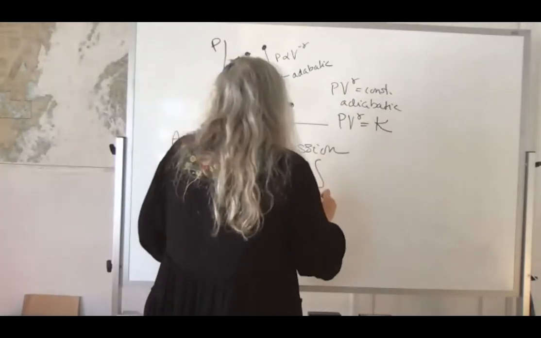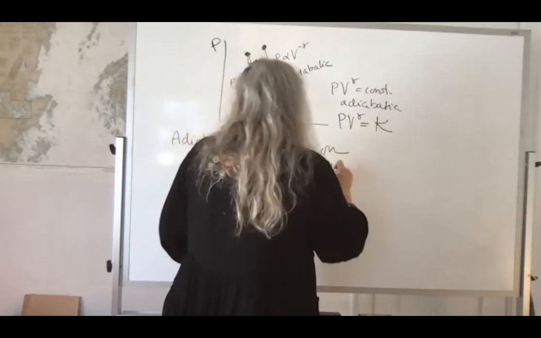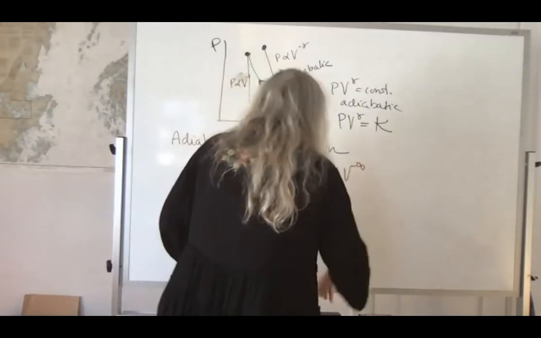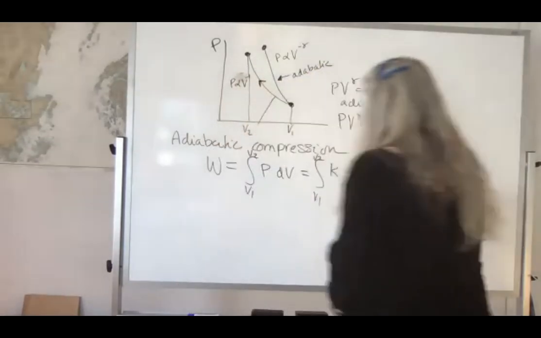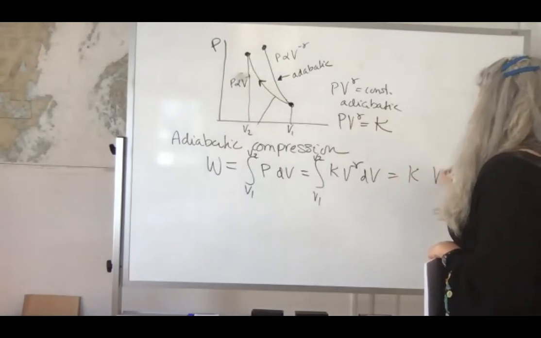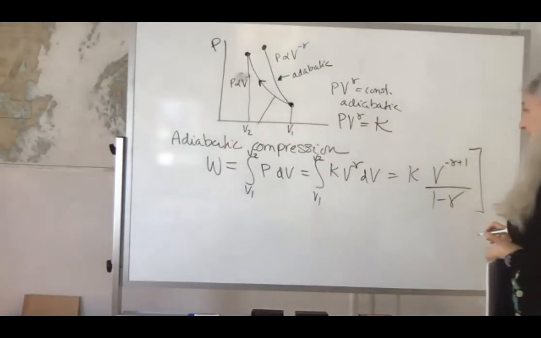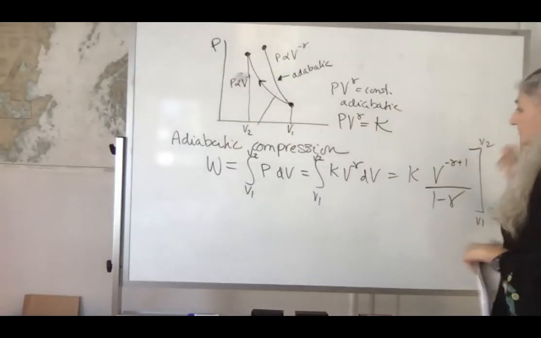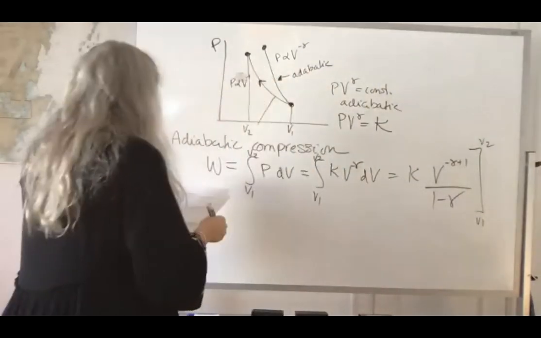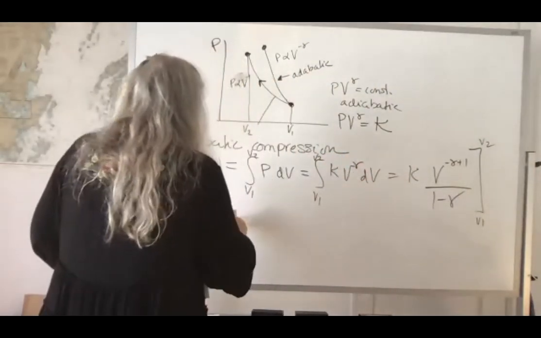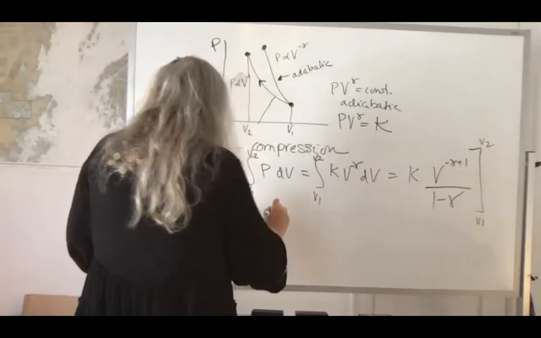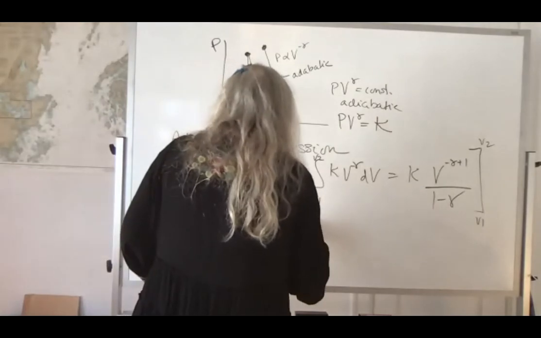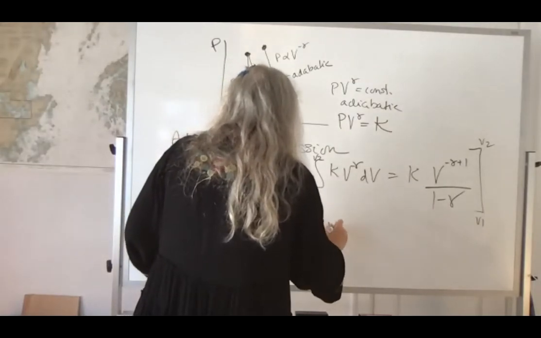So this will be V1 to V2 of K V to the minus gamma dV. I just need to integrate this, K V to the minus gamma plus 1 over 1 minus gamma, from V1 to V2. With a little bit of manipulation, you can show that this is the same thing as 1 over gamma minus 1 times P2 V2 minus P1 V1.